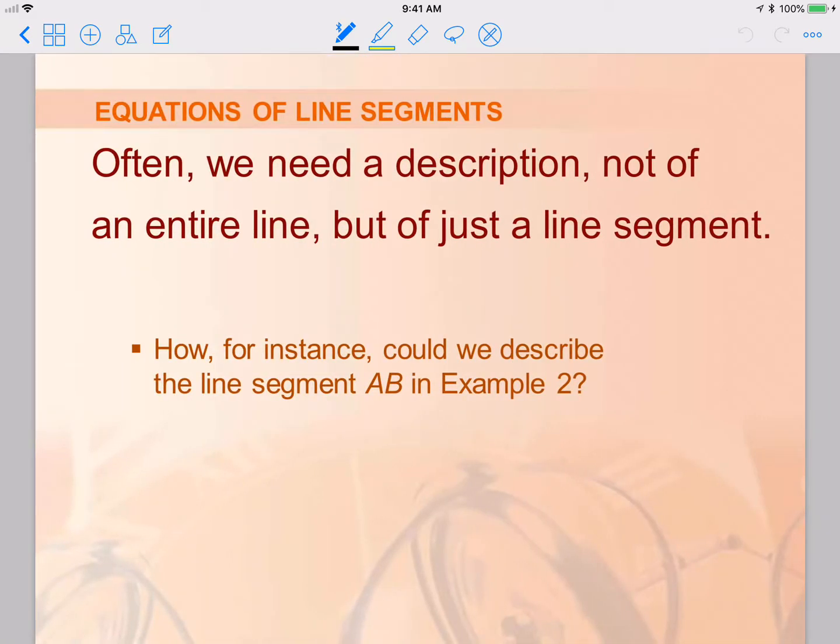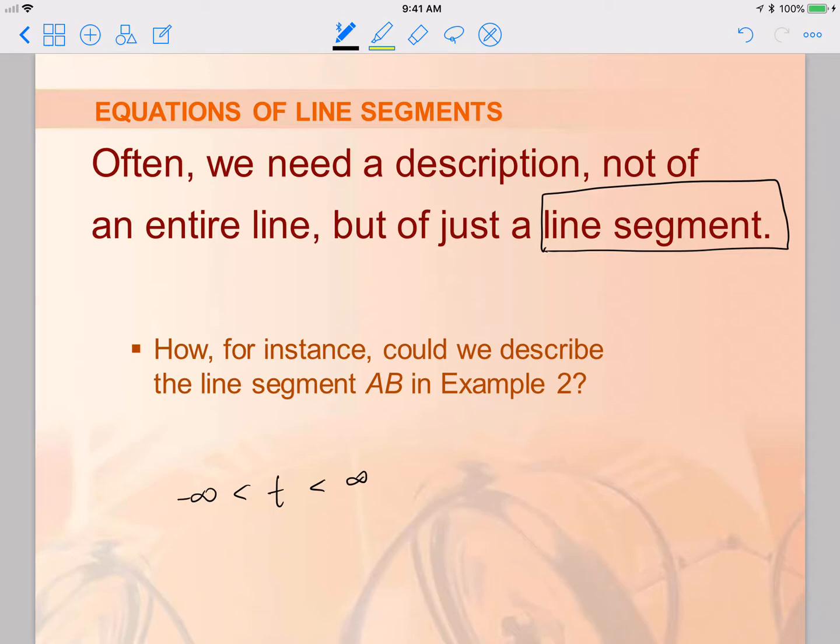All right. And the last thing I actually want to say here is that sometimes you don't need the entire line. You just need a line segment. Okay, and if you need a line segment, then you restrict the domain of t. So remember, t is your parameter. If you want the whole line, then you let t be in between negative infinity and infinity.